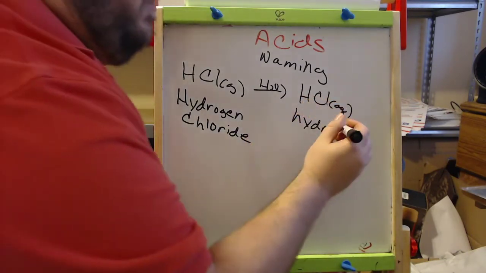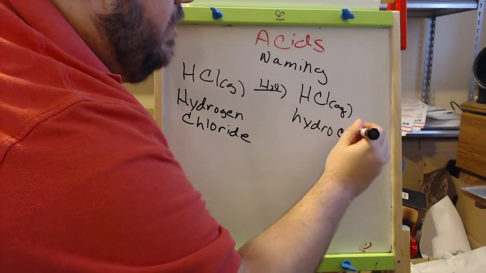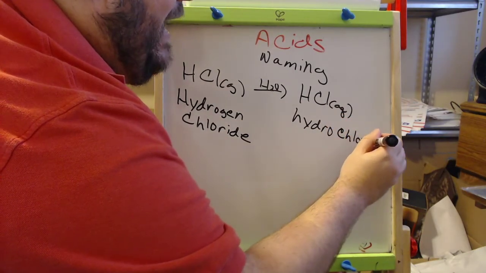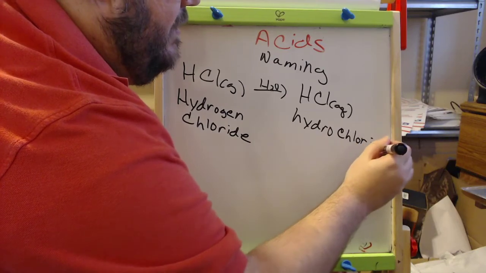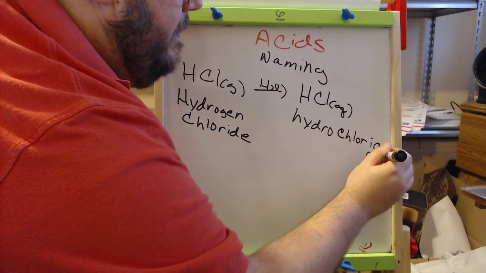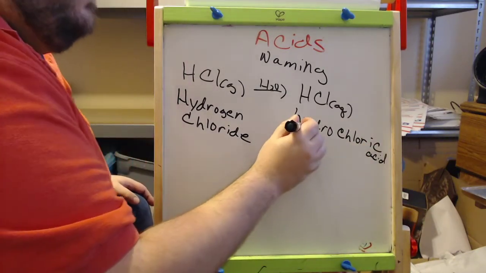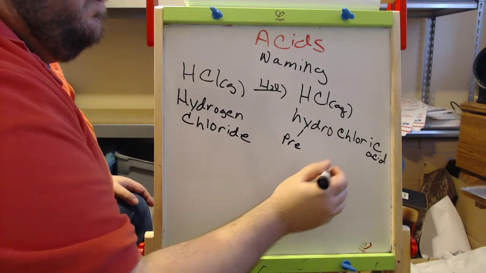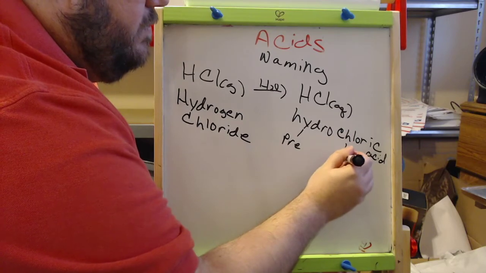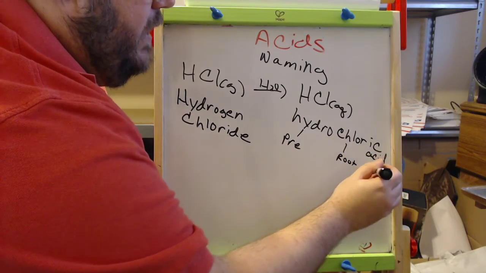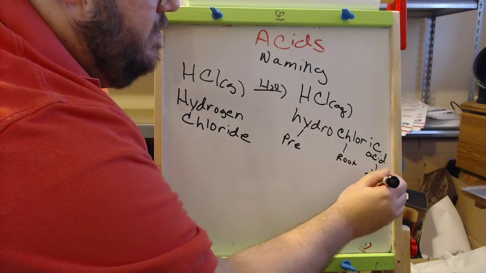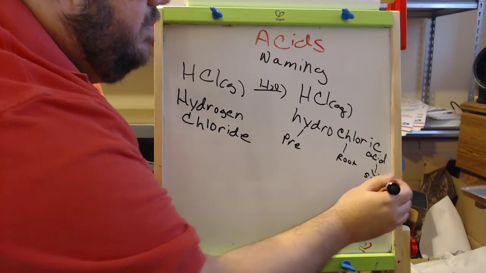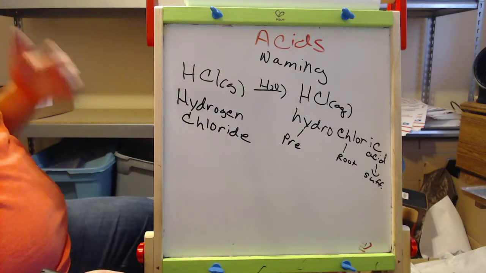I take the root of my anion, chlor, and add ic acid. So you have the prefix, the root, and the suffix.